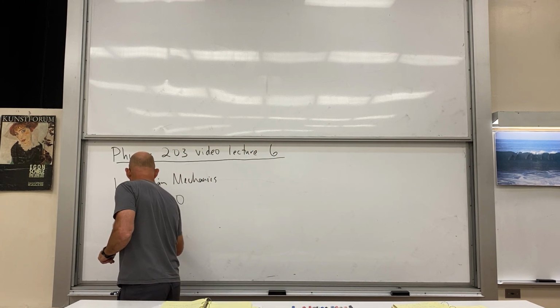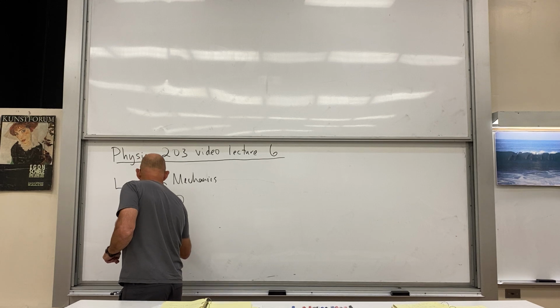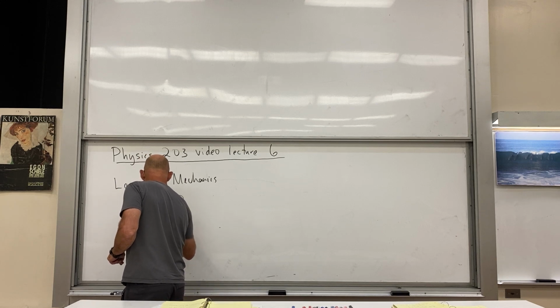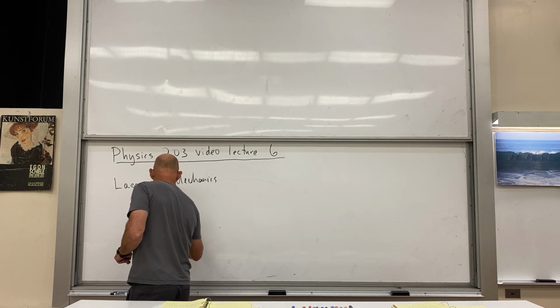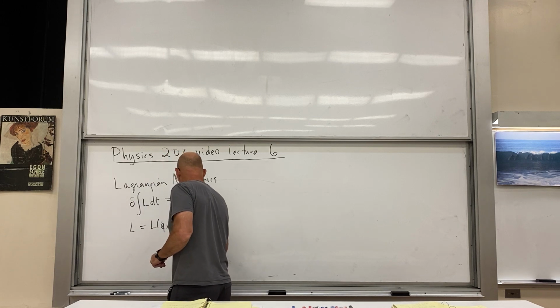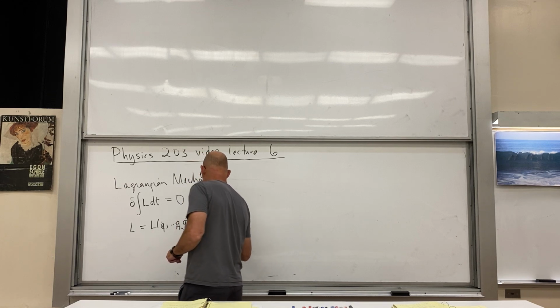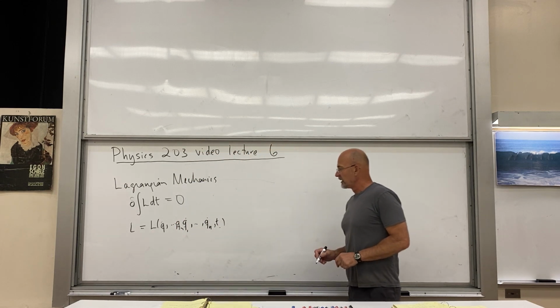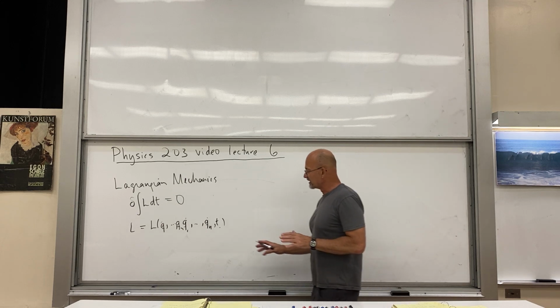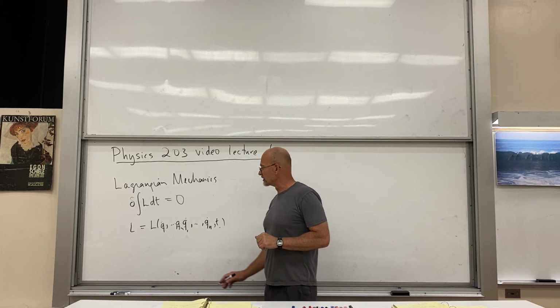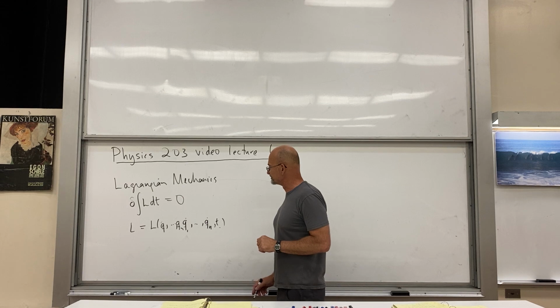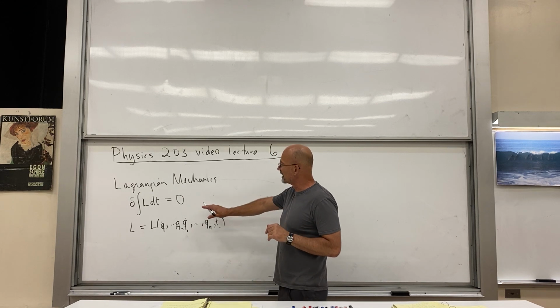L equals L of generalized coordinates, generalized velocities, and time. And in fact, we had that kind of standard prototypical Lagrangian. But I'll just leave this right here, so that's what we have.